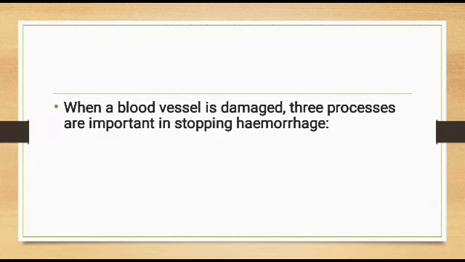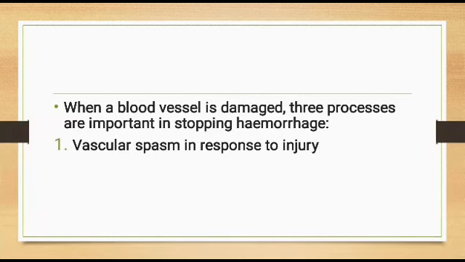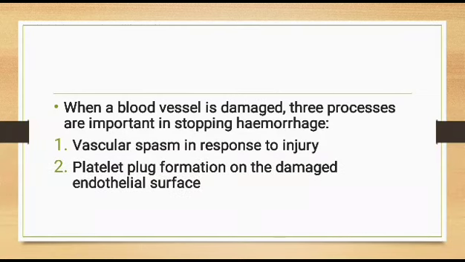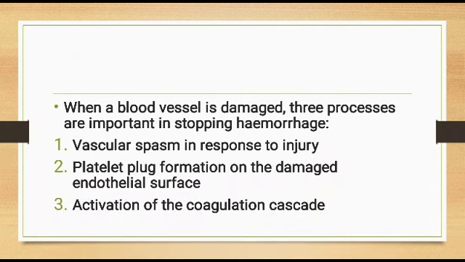When blood vessels are injured or damaged, three processes occur in order to stop the bleeding and hemorrhage. Number one, immediate vascular vasoconstriction or spasm in response to injury. Number two, platelet plug formation. And number three, activation of the coagulation cascade.